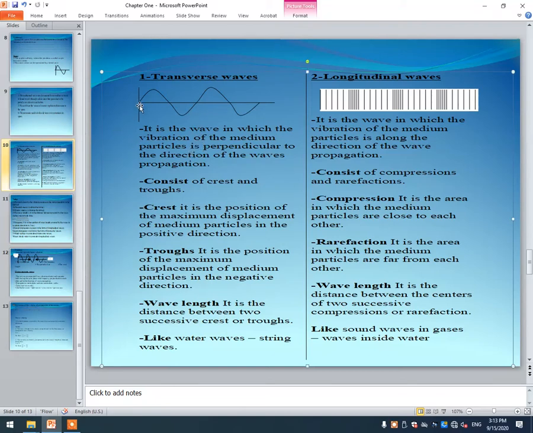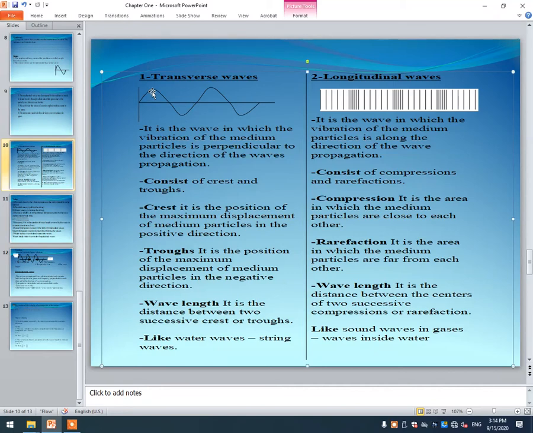This wave, as you see here, makes a maximum displacement, a high peak, and in the opposite direction makes an amplitude, another maximum displacement, but in the opposite direction. Here, this displacement in the positive equals the displacement in the negative. So this part is called the crest, and this part here is called the trough.